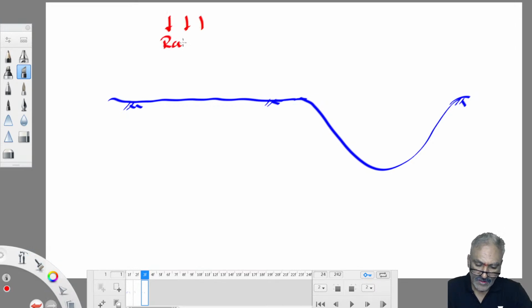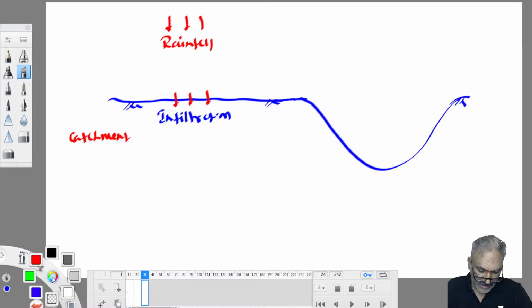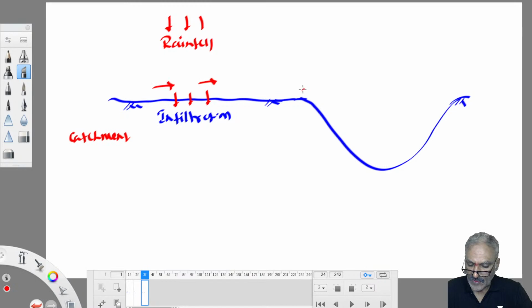This rainfall, after meeting all catchment losses, what are the catchment losses? Infiltration loss. The instant loss is infiltration only. After infiltration, the remaining portion of runoff that flows above the ground and joins this water body is called surface runoff.